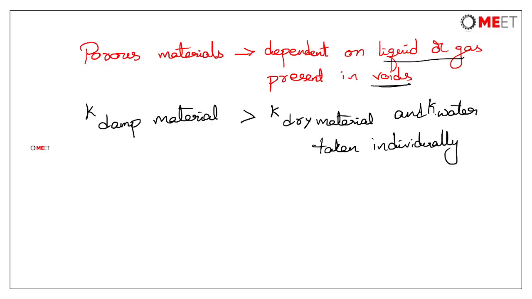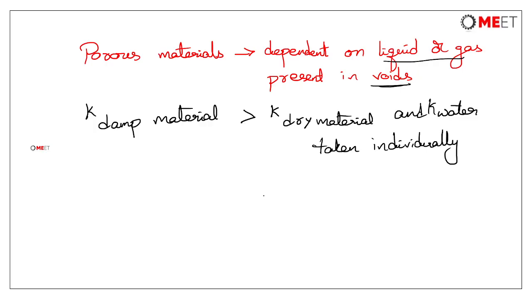So when you compare thermal conductivity of dry material with damp material, damp material will have more thermal conductivity. If you compare thermal conductivity of water with damp material, thermal conductivity of damp material will be higher. So thermal conductivity increases with the increase in density. So try to remember that.